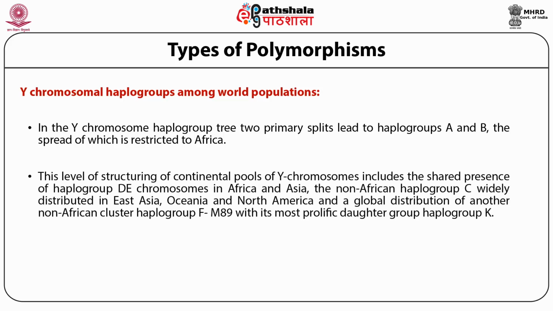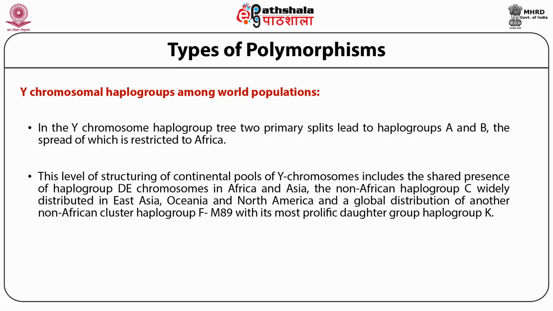This level of structure of continental pools of Y chromosomes includes the shared presence of haplogroup DE chromosomes in Africa and Asia, the non-African haplogroup C, widely distributed in East Africa, Oceania, and North America, and a global distribution of another non-African cluster haplogroup, that is FM89, with its most prolific daughter group haplogroup K.